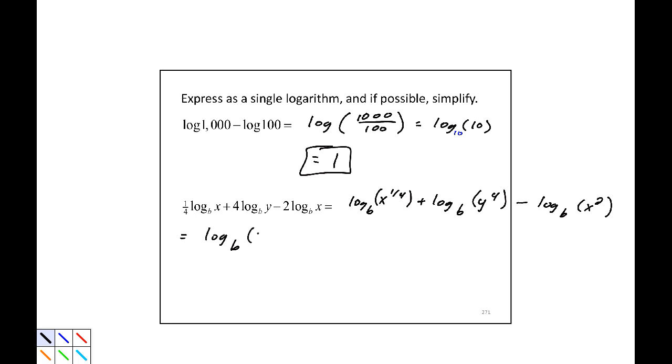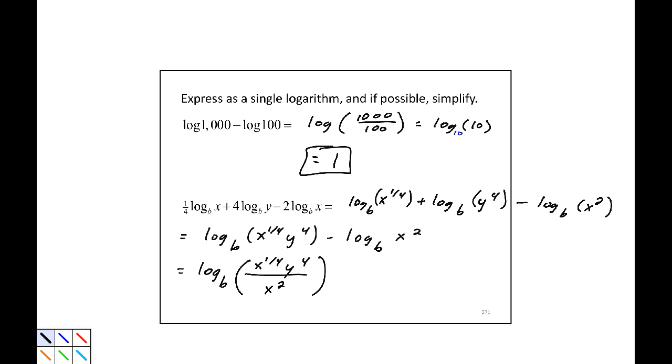So that would be x to the 1/4, y to the positive 4th, minus log base b of x squared. Now, because we have subtraction between two terms, this will become a quotient because of our quotient rule. So this will be log base b of x to the 1/4 power, y to the 4th, divided by x squared.